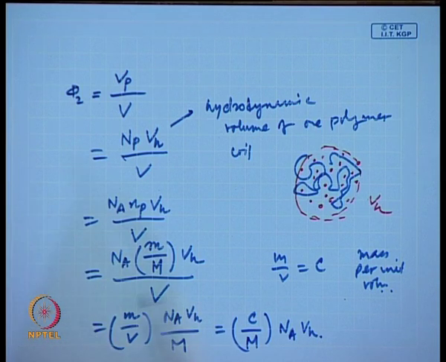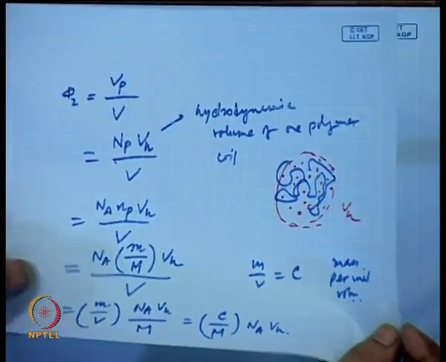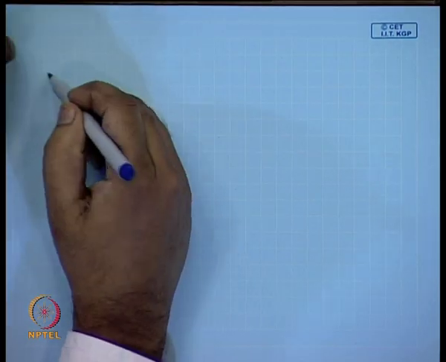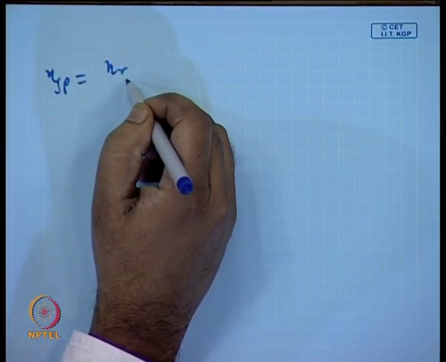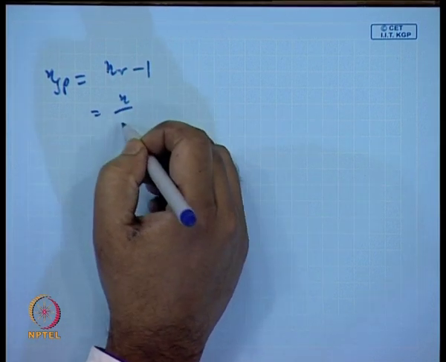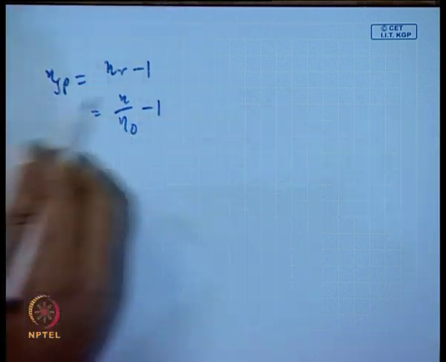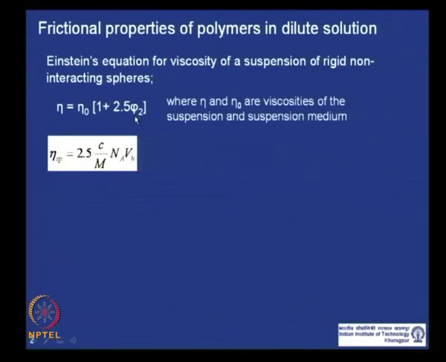Okay. And eta sp, if you recollect, is eta r minus 1, that is, eta by eta 0 minus 1. So, you can directly write this expression from this.